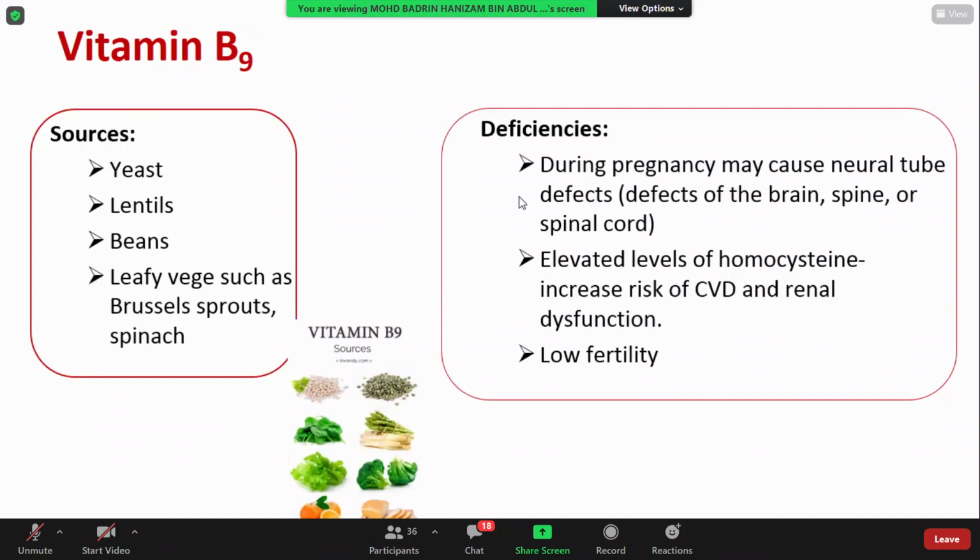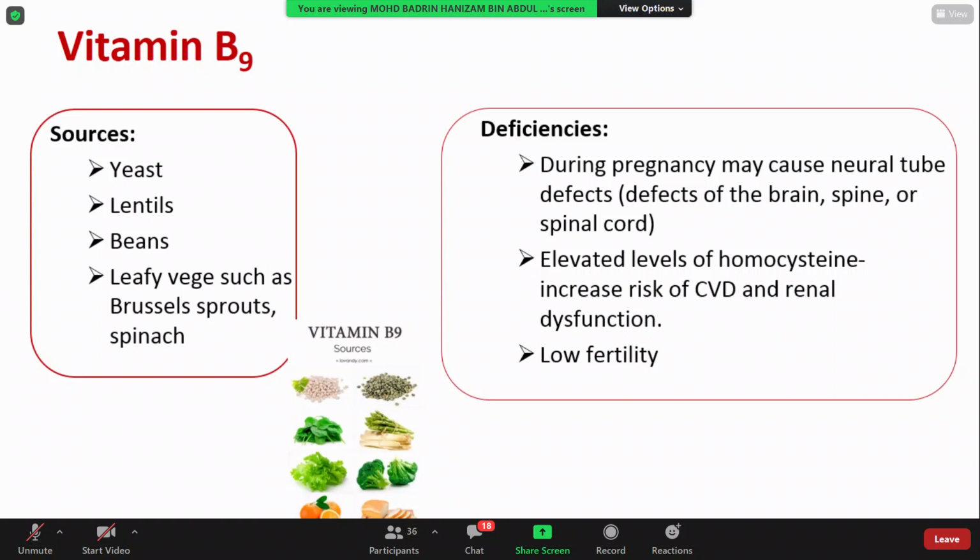It's quite rare to have this type of defect when the baby is born, but it does occur in some unfortunate areas where the population cannot get access to a good amount of good quality food. When a baby is born with neural tube defects, you can see at the back of the baby kind of like a hole, because the spinal cord is not formed properly during the pregnancy.